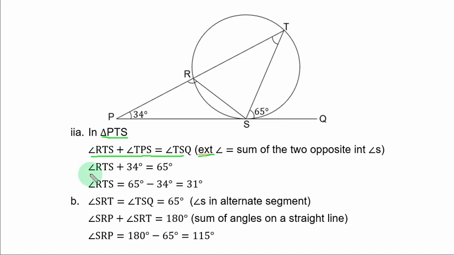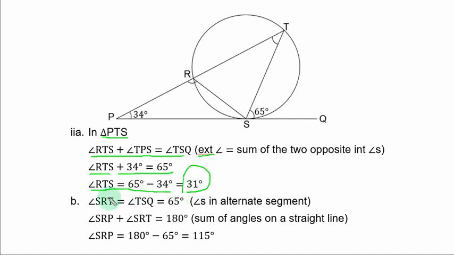So you have angle RTS plus 34 degrees equal to 65 degrees. Angle RTS equal to 65 degrees minus 34 degrees equal to 31 degrees.